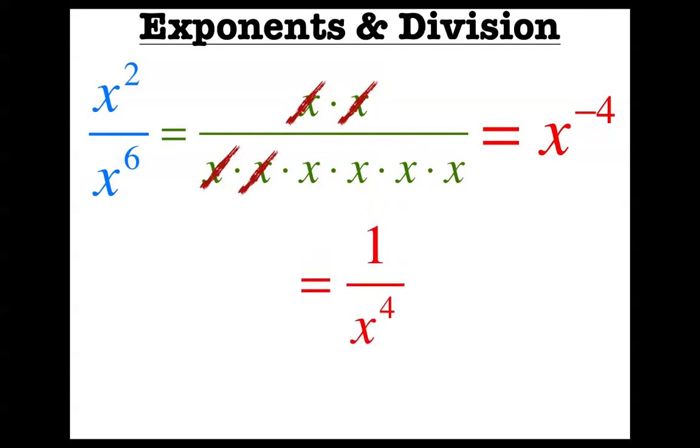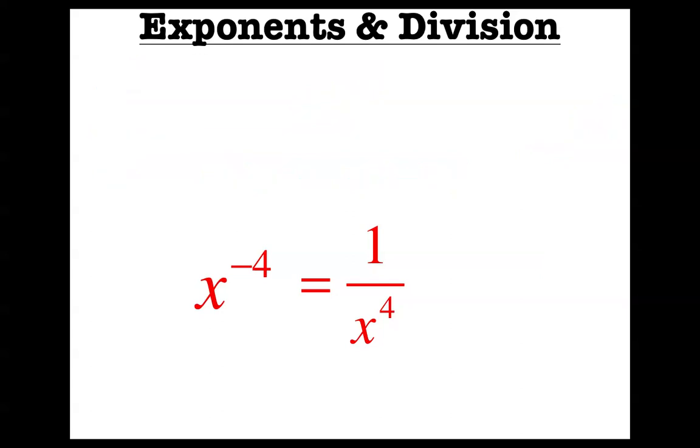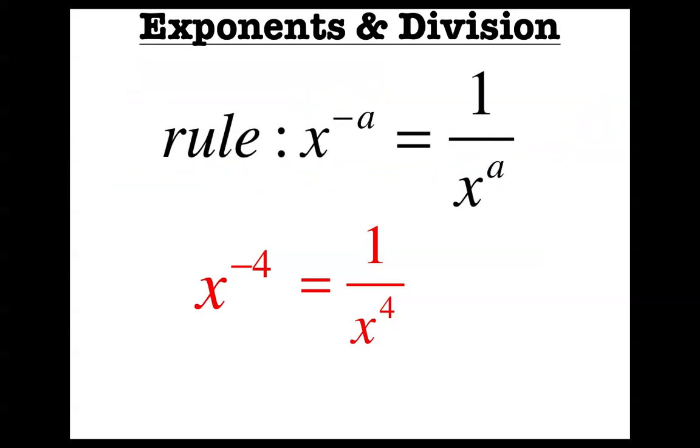We would write that like 1 over x to the 4th, wouldn't we? Yeah, I think so. So x to the negative 4 power really means 1 over x to the 4th. Interesting. The rule is negative exponents go in the denominator.